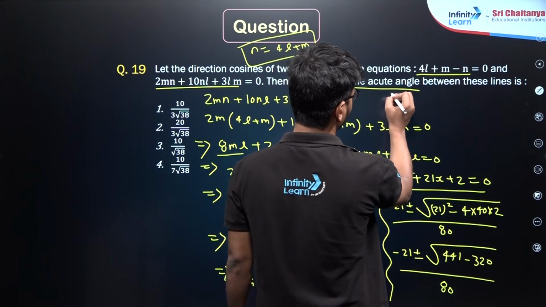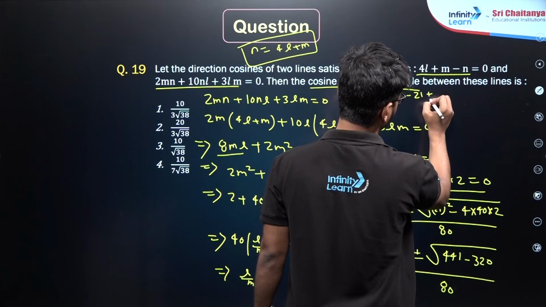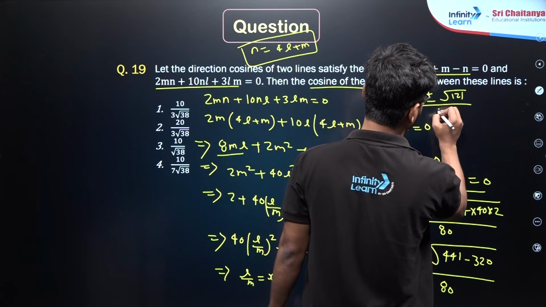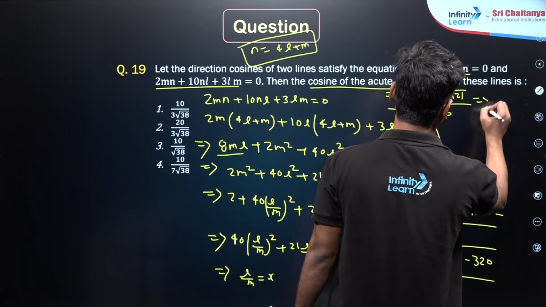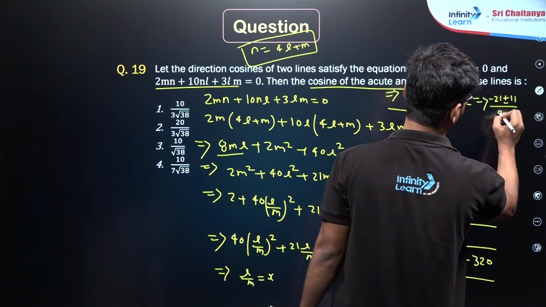So from here I can write this as minus of 21 plus minus 121 upon 80. Okay. So again this will be minus of 21 plus minus 11 by 80.